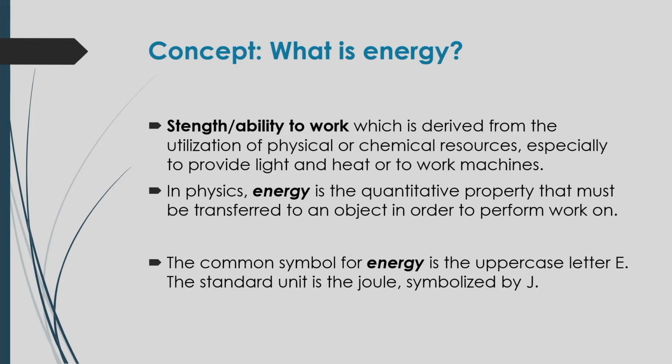So, in that case we can say that energy can be defined as strength or the ability to work, which is basically derived from the utilization of physical and chemical resources, especially to provide light and heat, or to run machines. Overall, this heat or work of the machines will be used to assess the whole process plant energy systems.